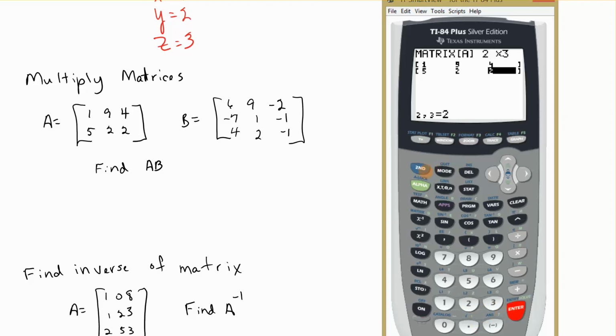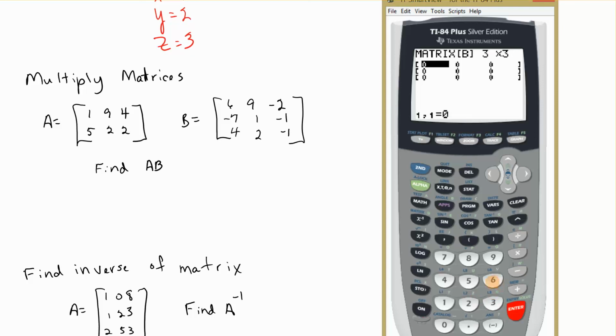All right, so second, quit out of that one. Then second matrix, edit, but before I hit enter, I want to go down to B. And so I want to enter, now that's a 3 by 3.